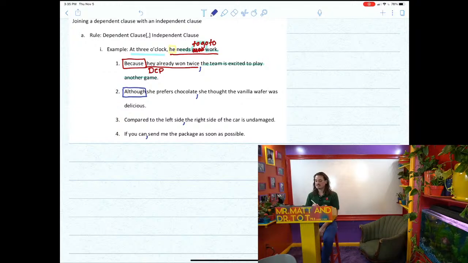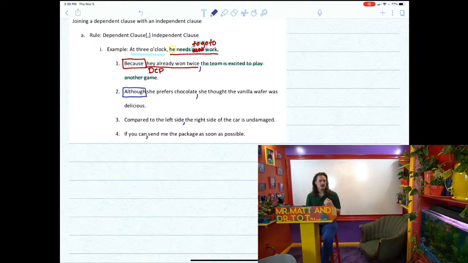pause for a second and just kind of go into this a little bit more. In English, command phrases can be a little bit irregular in the fact that the subject is implied rather than stated. It's omitted, in fact. So when somebody says send me the package, they really mean you send me the package.